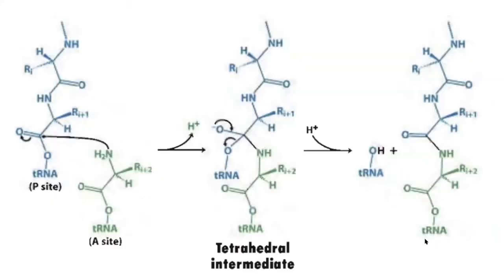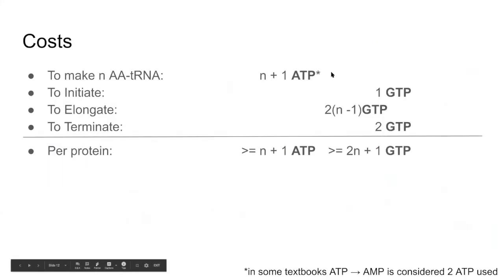In some textbooks, they consider that as one ATP used up. In some textbooks, they consider ATP to AMP as 2 ATPs used. So whenever you're reading a different textbook and you see this kind of notation where they say 2 ATP used, I just want to make sure that you guys are aware. For us, we can just consider it as 1, but some textbooks do consider it as 2.